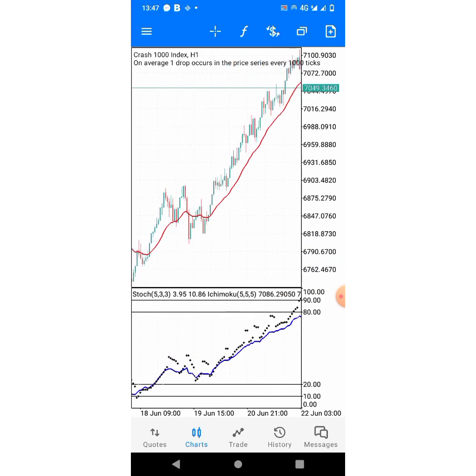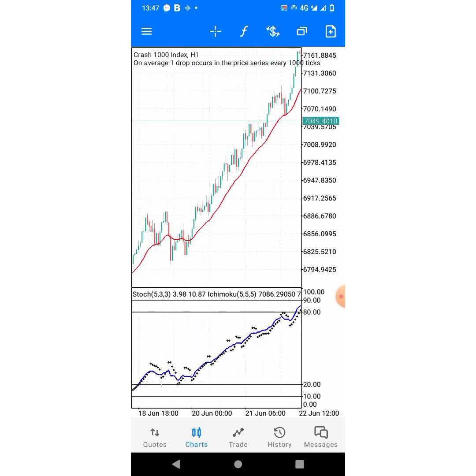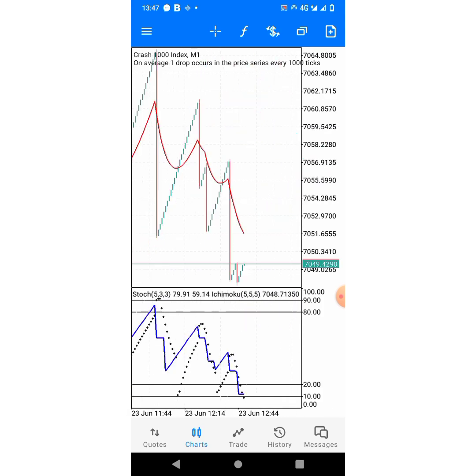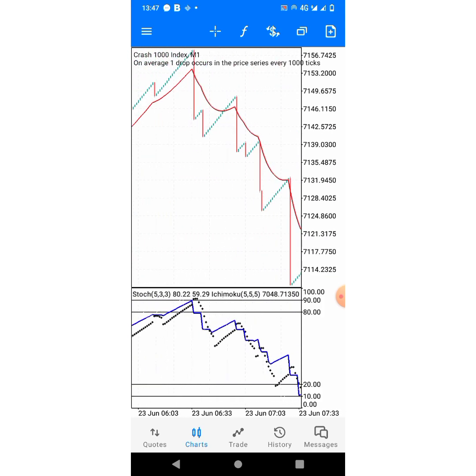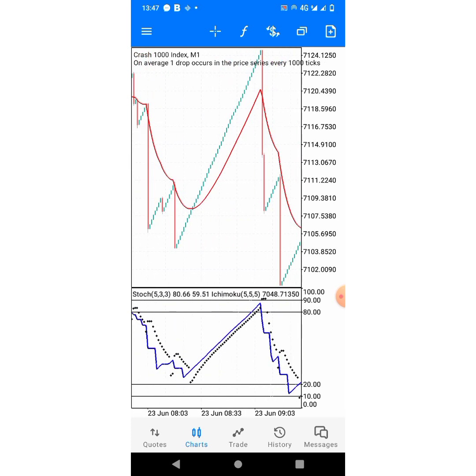Where I would consider looking for such buys with my strategy is when it's trending above the moving average, like this area. That's the time when you should be looking to buy, and those buys will be really reliable.